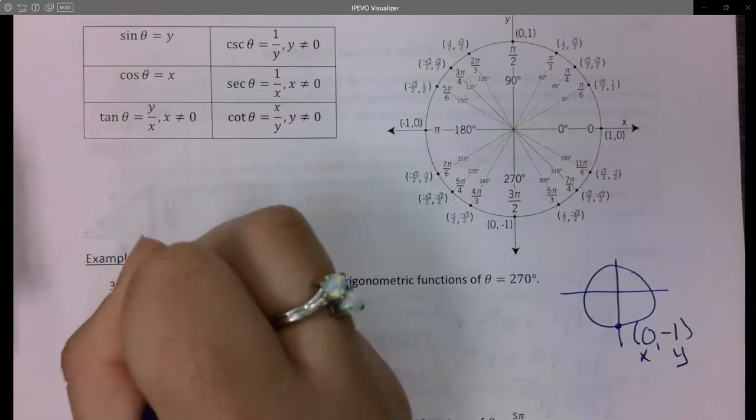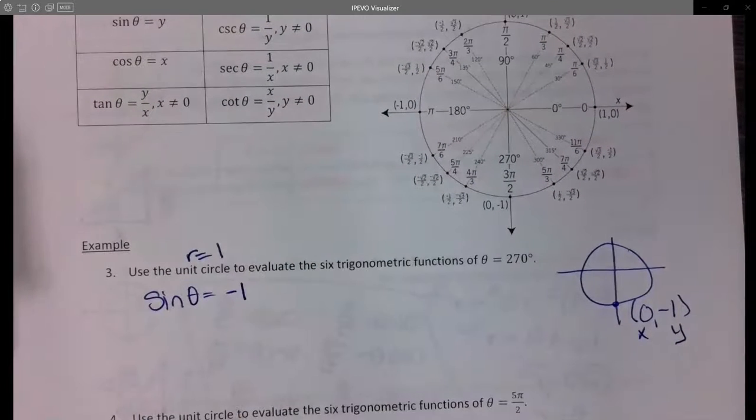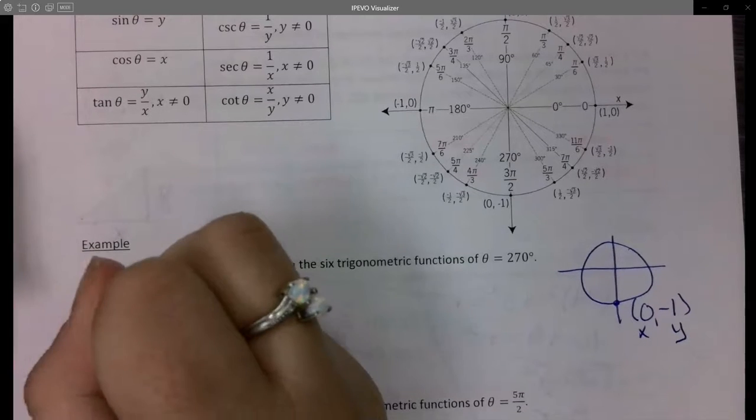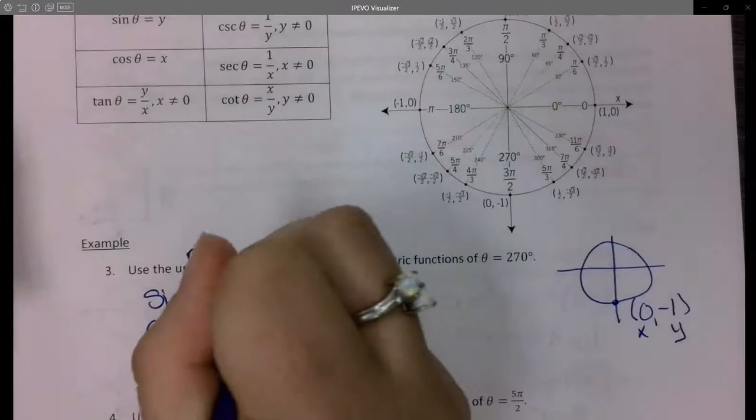My sine of theta is just my y value, so negative 1. Cosine is just my x value, which here is 0.